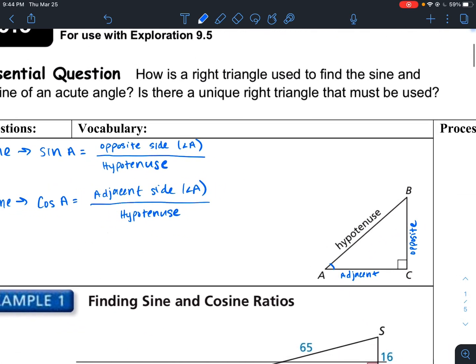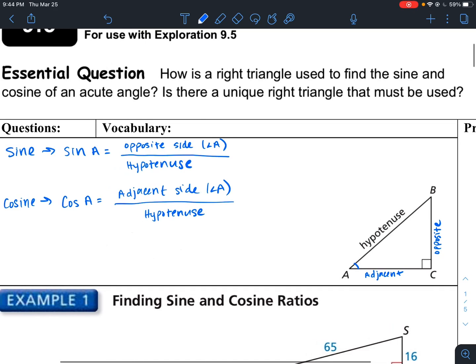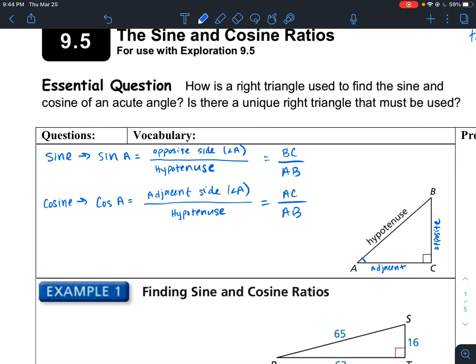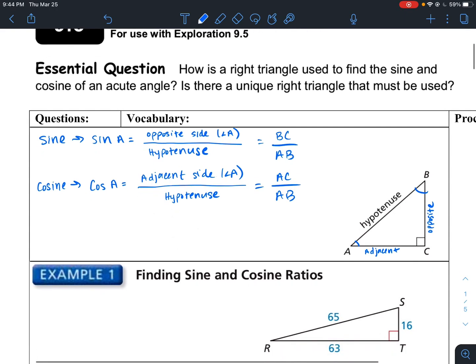In this case, the opposite side of angle A is BC and the hypotenuse is AB. For cosine of angle A, the adjacent side is AC, and again the hypotenuse is AB. So that is how you describe the other two ratios, sine and cosine. Again, it will vary if you're looking at it from the other acute angle, angle B.